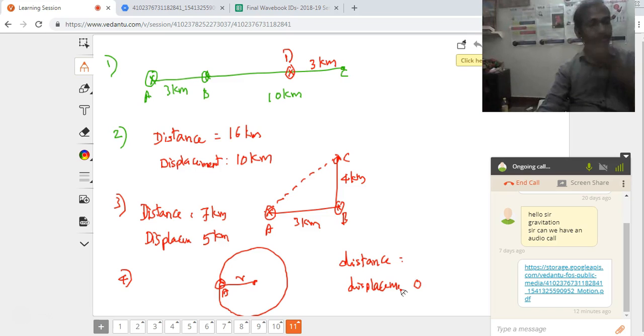And is the distance 2r? No, 2 pi r, the circumference of a circle. Now, once you read this question, I feel you can answer it now.